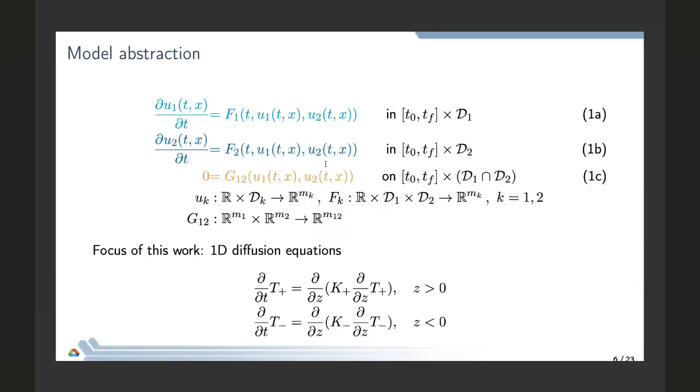In particular, we focus on one-dimensional diffusion equations, which govern the thermodynamics in ocean-atmosphere coupling. But note that the stability of the one-dimensional problem is necessary for the stability of higher-dimensional problems. So if you care about the stability of 2D or 3D problems, you have to satisfy the stability of the 1D model first.